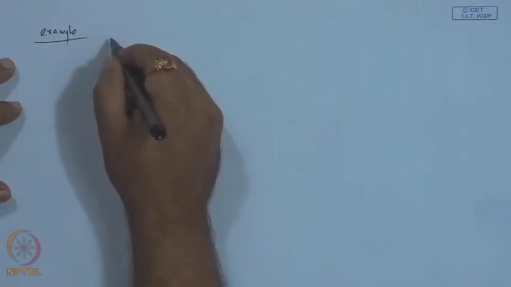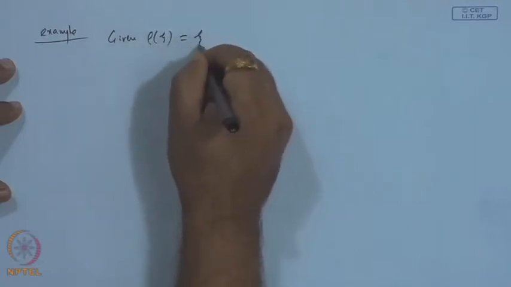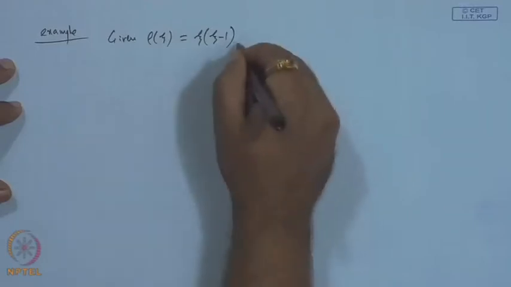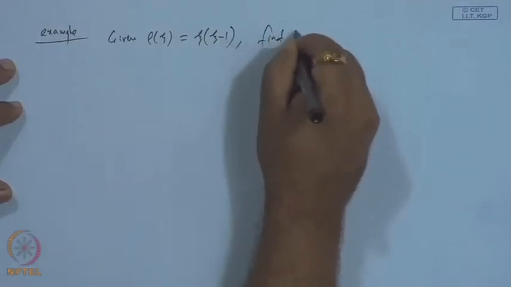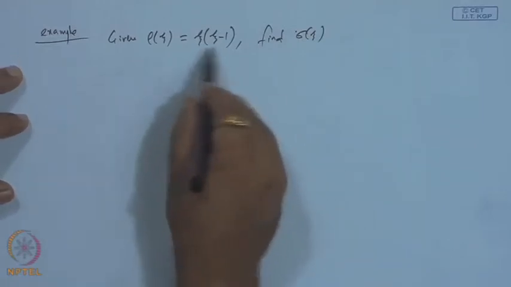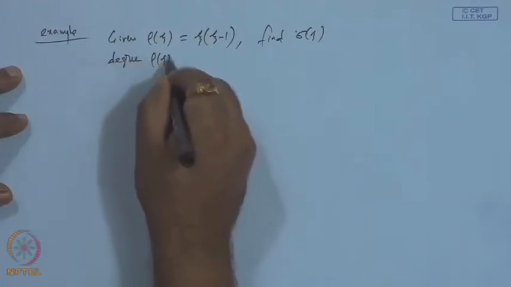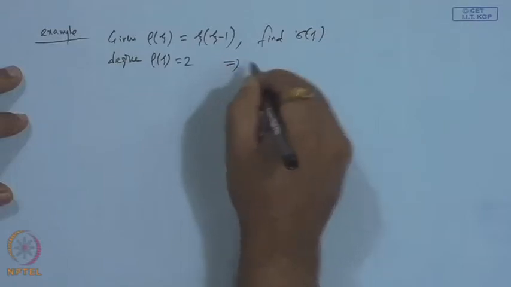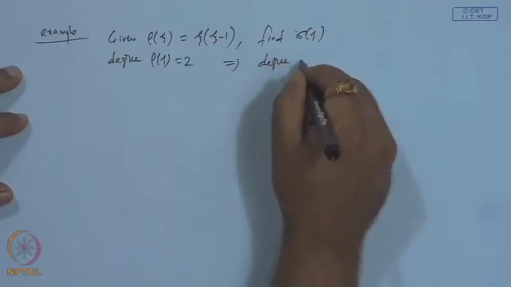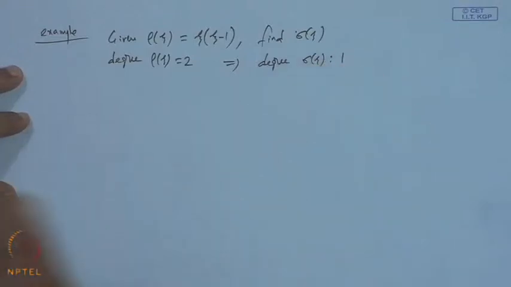So, given this, find this. Okay. So, looking at this, this implies degree of 1. Okay. For of course, for an explicit method.